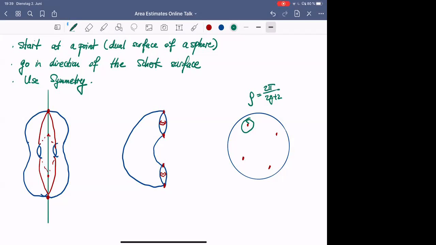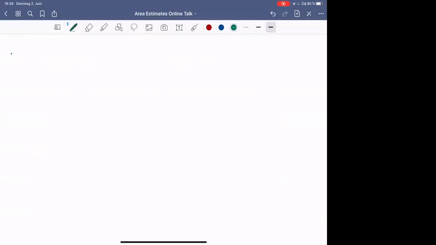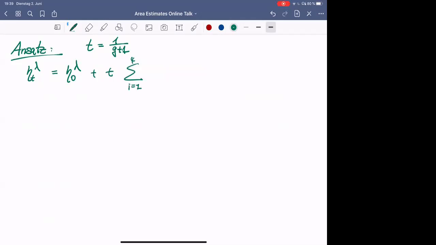So after that, what you do is you take a proper ansatz for the potential, with T basically equals, maybe there's a factor 1/2 missing here. The potential will look like, let me just write it down first and then explain what this means. So this one is actually the potential of the point.